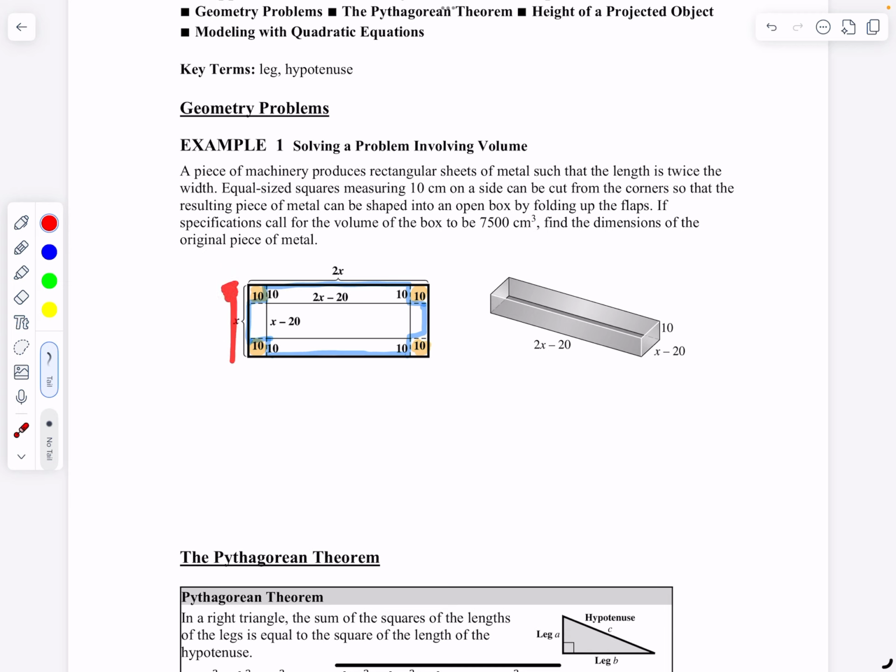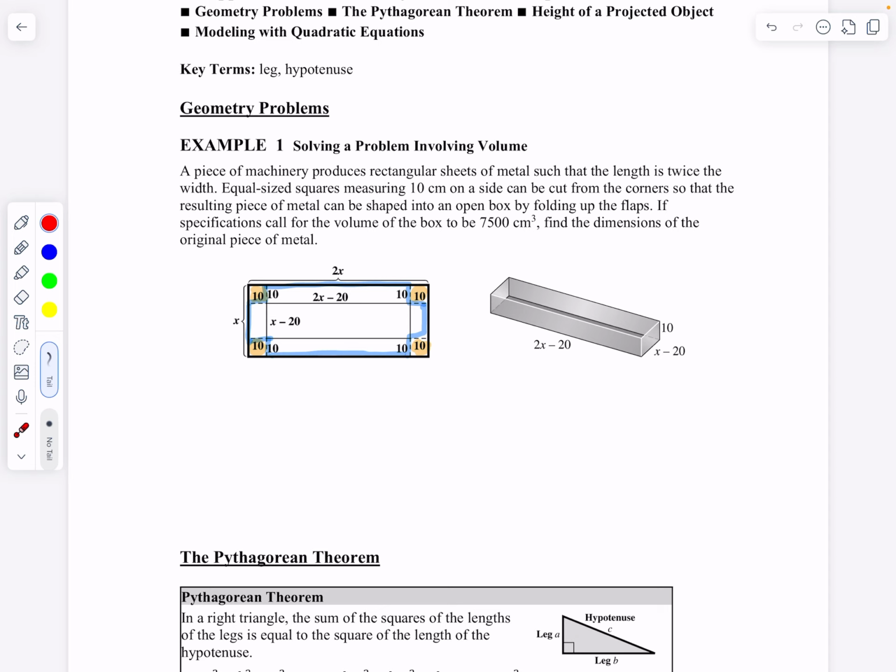I take off that 10, I take off that 10, and what's left is x minus the two 10s, or x minus 20. So when you fold that up, there is the length, 2x minus 20, the width, x minus 20, and then the height is just 10 centimeters. I wanted to make sure you saw how to get those in case my lab does not give that to you, or I don't give it to you on your test.